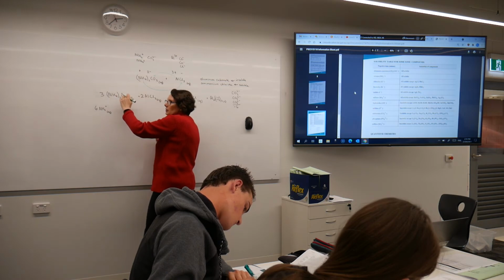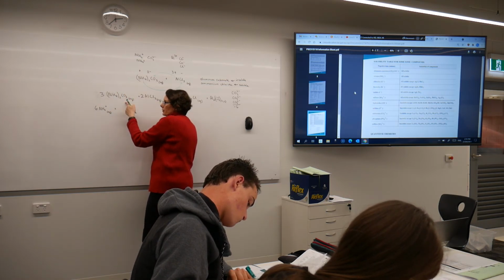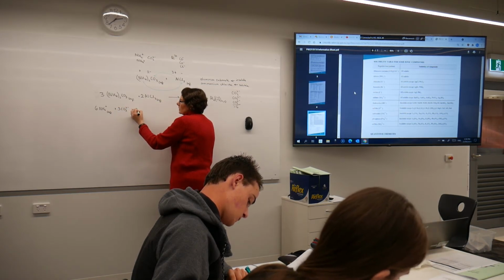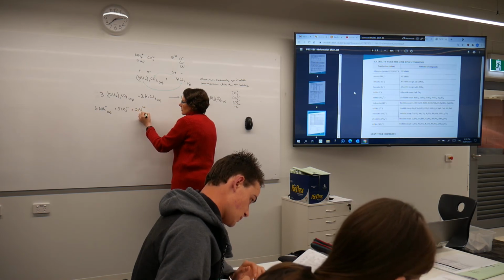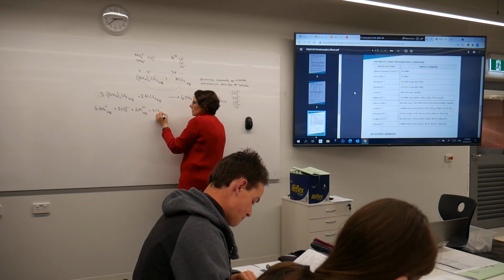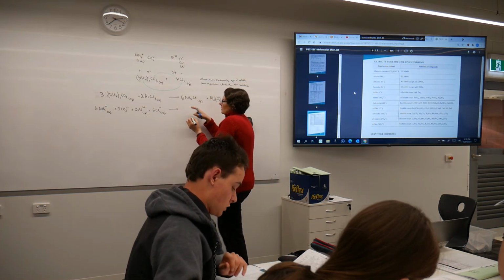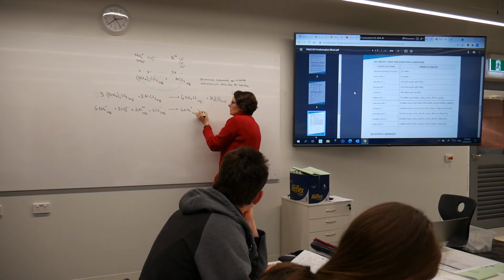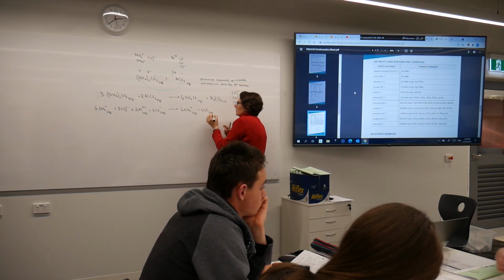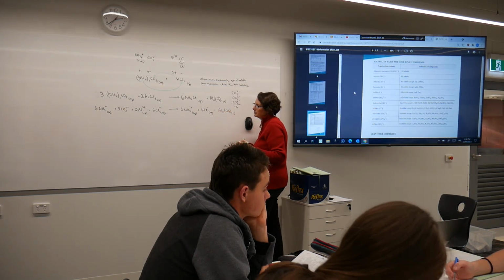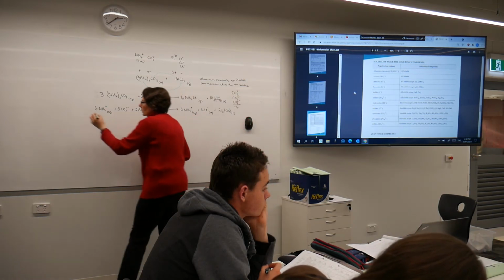The 3 is also telling me that I've got the 3 carbonate ions. 2 aluminium ions, 2 times 3 is 6 chloride ions, 6 ammonium ions, 6 chloride ions, and then our precipitate, the aluminium carbonate. This is a full ionic.